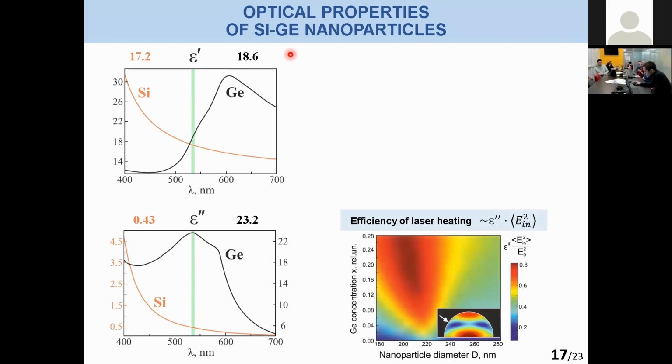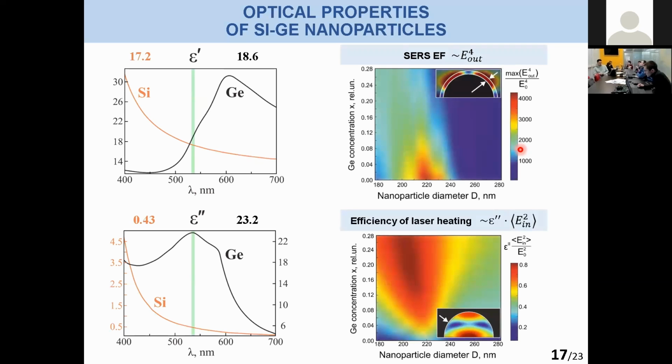The first is proportional to the imaginary part of the dielectric constant and the squared electric field averaged over the nanoparticle volume, which estimates the average efficiency of laser heating of such nanoparticles. The second value was calculated that is proportional to the fourth power of the local field in the vicinity of the nanoparticle. This value estimates the average SERS enhancement factor of adsorbed molecules.